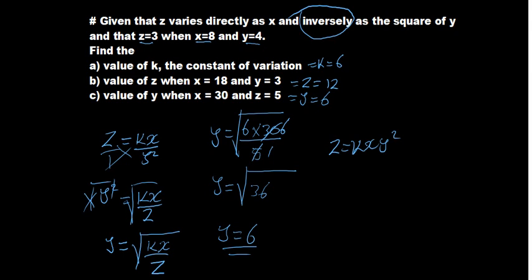So understanding the arrangement is going to make our answers correct, and more especially the constant of variation gives birth to all the answers that come after that. So it's very important that you find the correct value. If you find the wrong value, you're going to lose a lot of marks, including the same part which is for variation. Thank you very much for watching.